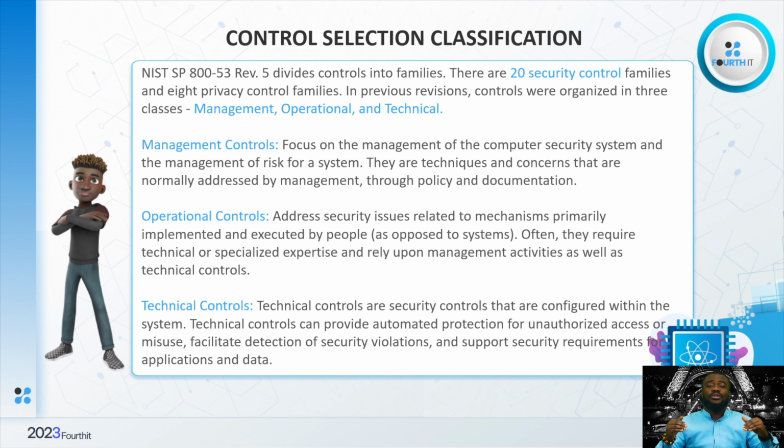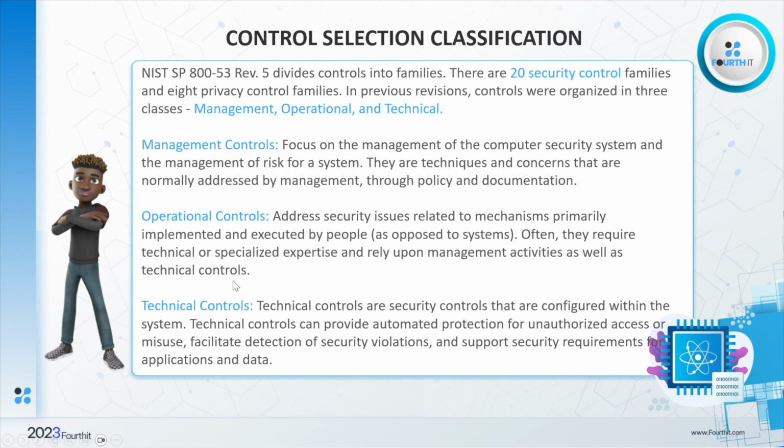The management control focuses on the computer system or the computer security system and the management of the risks of the system. Now, whenever you are thinking about management control, what I want you to think about is that we say that the management controls are the policies and procedures that guide and oversee the organizations.